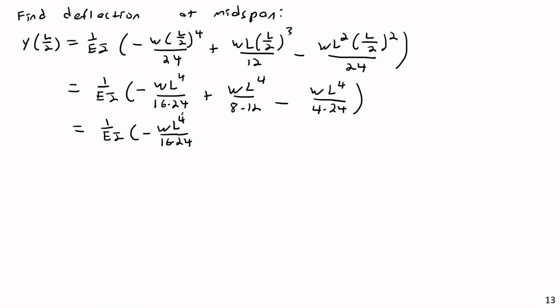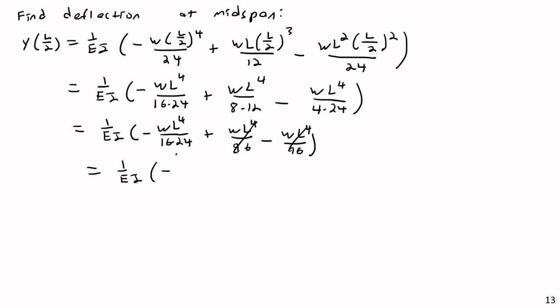But look here. This is WL to the 4th, 8 times 12 is 96, and WL to the 4th, 4 times 12 is also 96. So that goes away, and we're left with 1 over EI times negative W. And, oh, look at this.